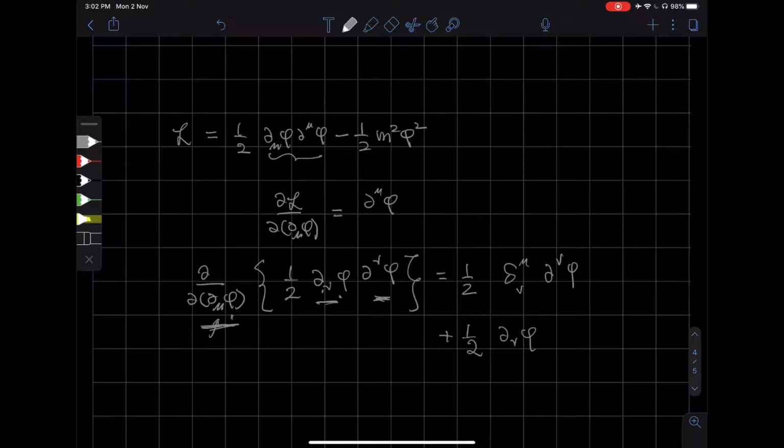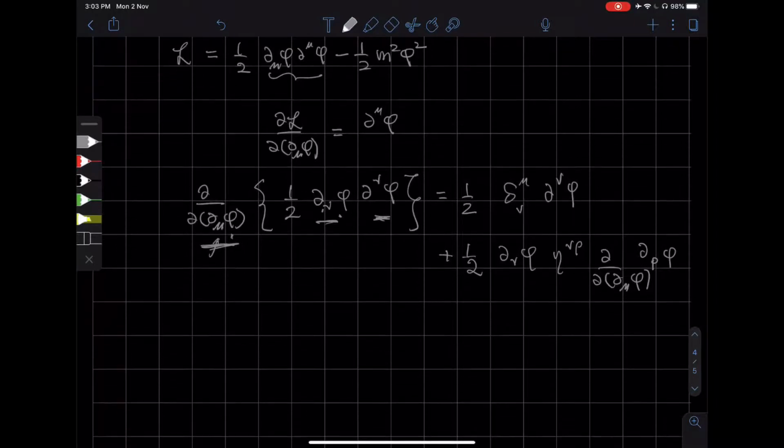So we write eta nu rho, and then we have del of del mu of phi acting on del rho downstairs of phi. So the first term, we are done with it. We just do the sum over nu in the first term.